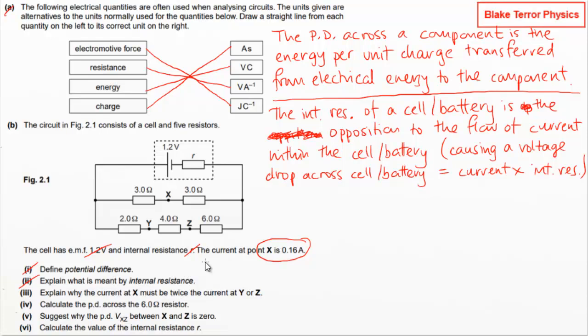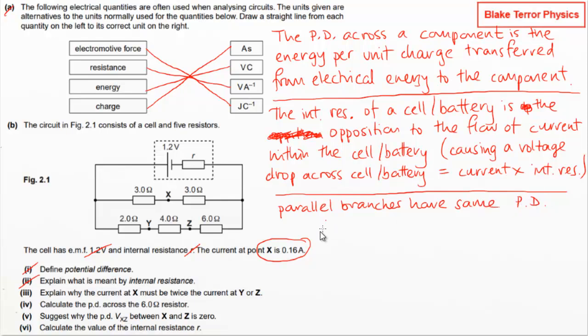Third part, explain why the current at X must be twice the current at Y or Z. This is more or less the same as we had in the last question. So we can say parallel branches have the same PD. So we can then say, therefore, our I times R is going to be the same in both branches.